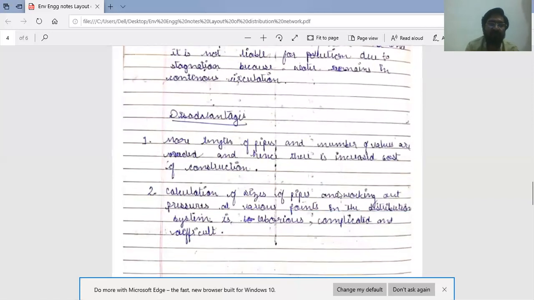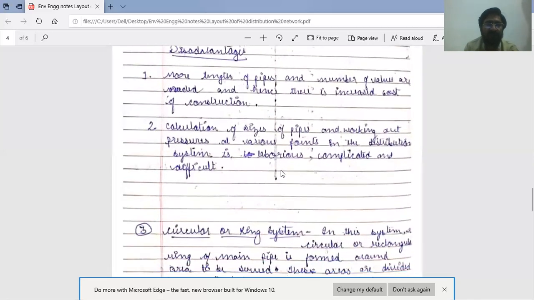And disadvantages of this system: more length of pipes and number of valves are required, and hence there is increased cost of construction.